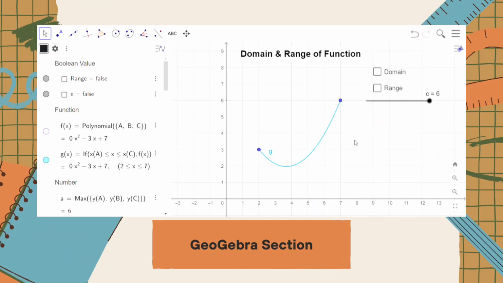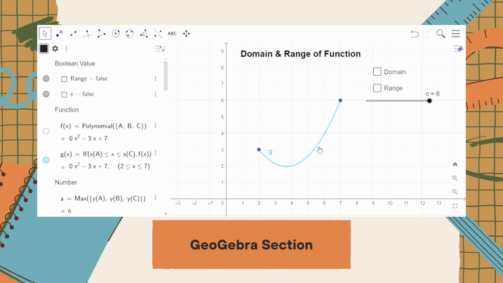So, I will show you how to find domain and range of function in GeoGebra. Okay, so given here is the function g(x) equal to x squared minus 3x plus 7, as you can see here. Alright, so in order to find the domain and range, first I would like to recall what the domain and range is.